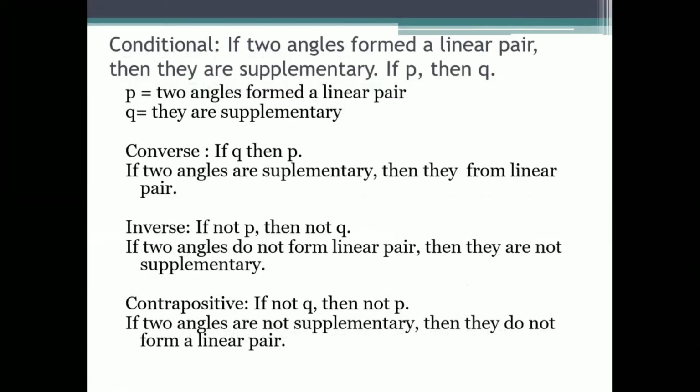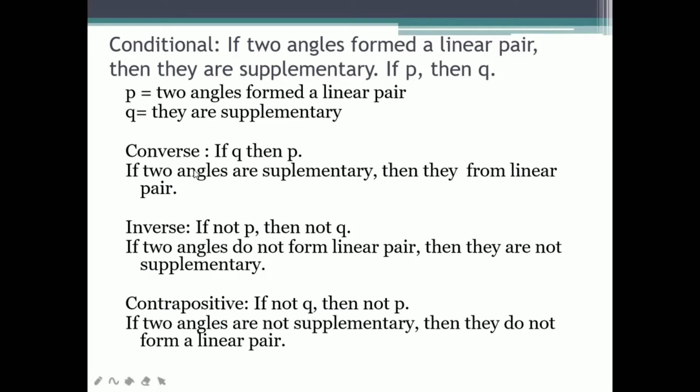Okay. So for our example, we have here the conditional, or the if-then statement. If two angles form a linear pair, then they are supplementary. So this is if P, then Q. Our P here, or the hypothesis, is two angles form a linear pair, and our Q, the conclusion, is they are supplementary.